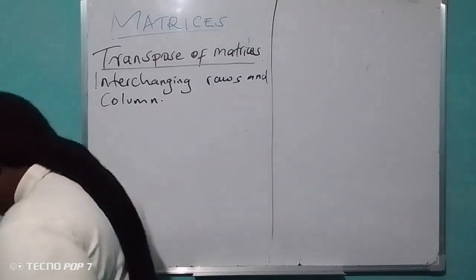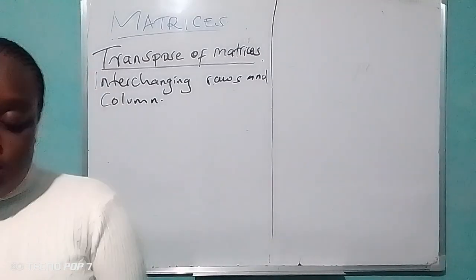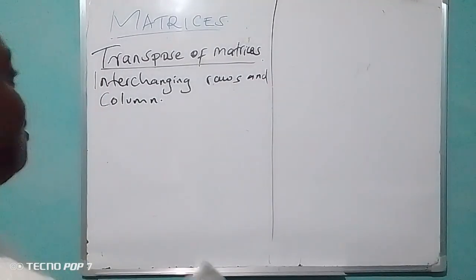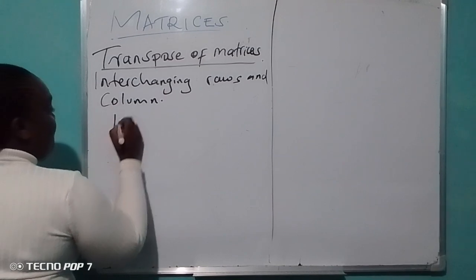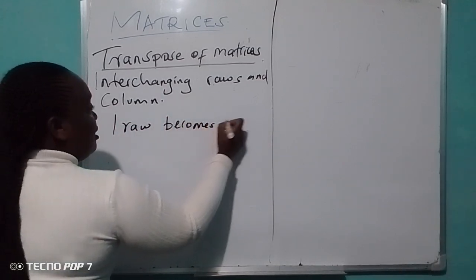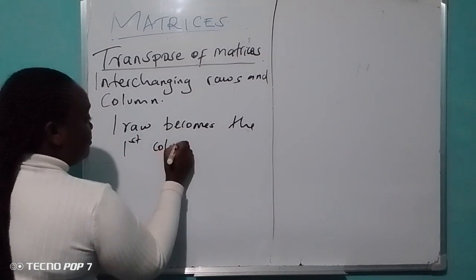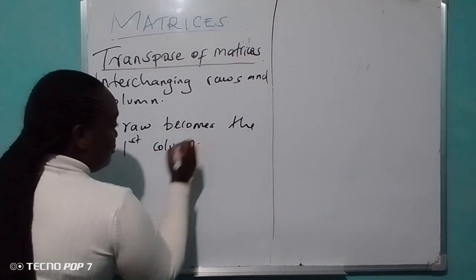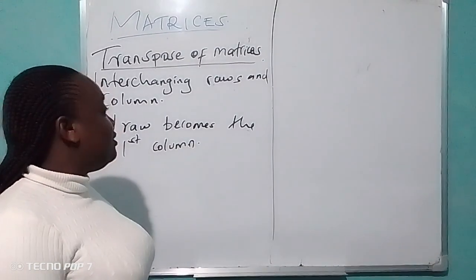So transpose of a matrix, we mean interchanging rows and columns. So the first row becomes the first column.